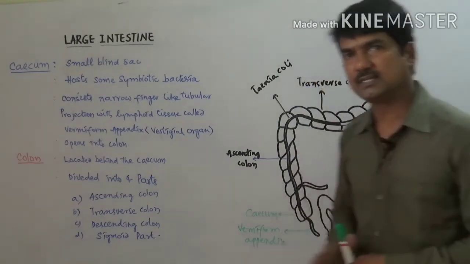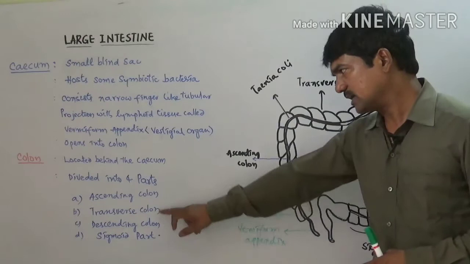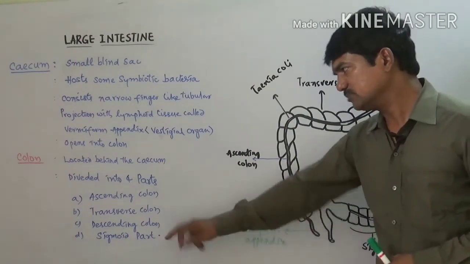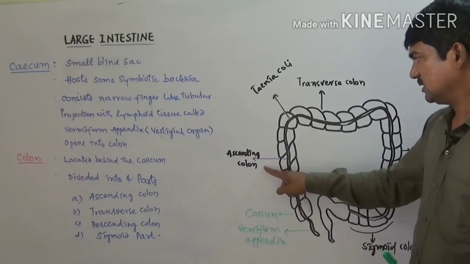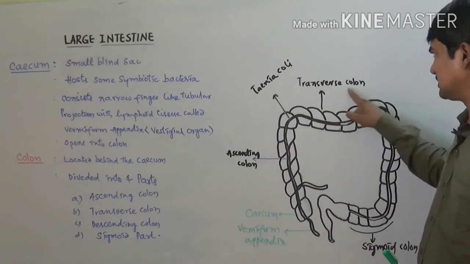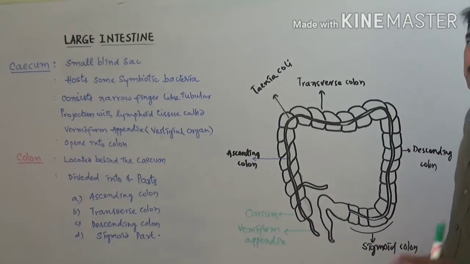So the colon is divided into 4 parts: ascending colon, transverse colon, descending colon, sigmoid colon. The ascending colon is located here, this is the transverse colon, the descending colon, and finally the sigmoid colon.